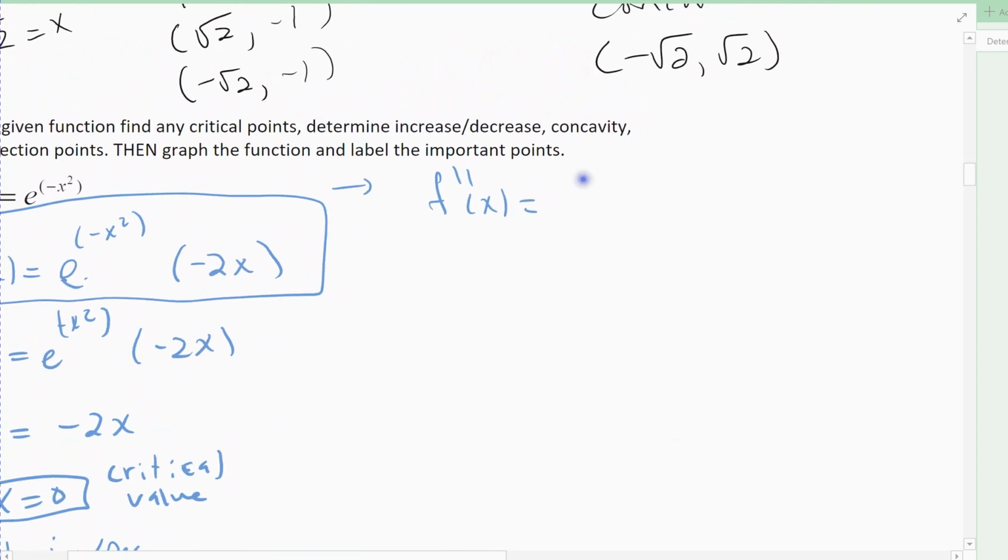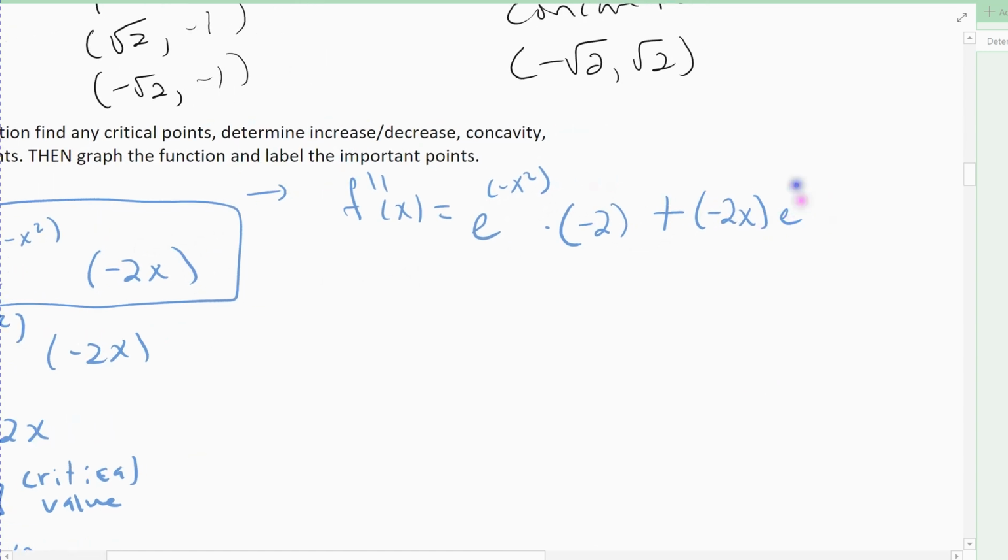So it's the first, the e term, times the derivative of the second, which is negative 2, plus the second, negative 2x, times the derivative of the first, which is negative e to the negative x squared, times another negative 2x.